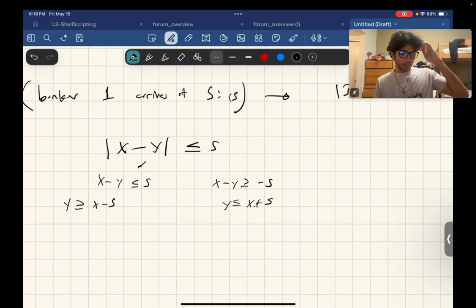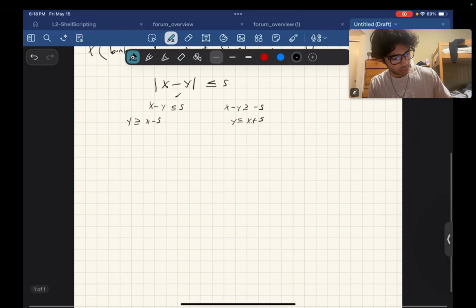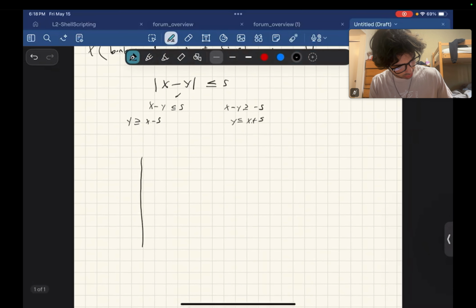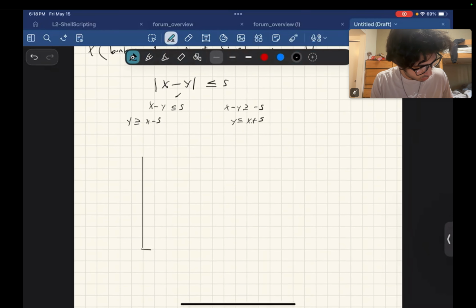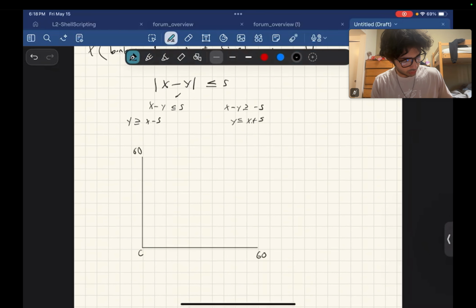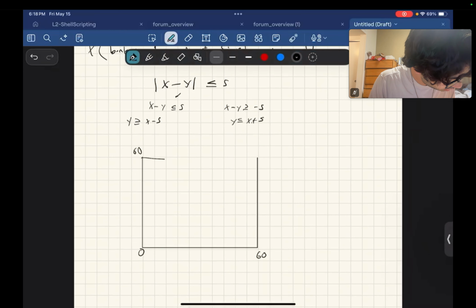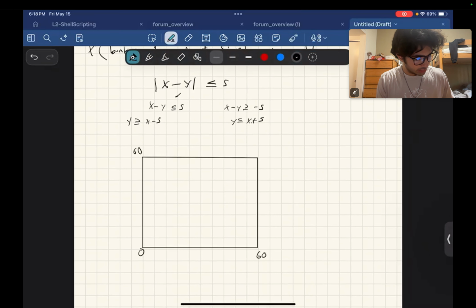Okay. Then you can plot this here. This is 60, 60, 0. Then we can say this is 5.